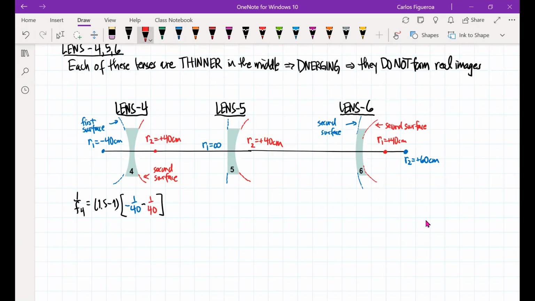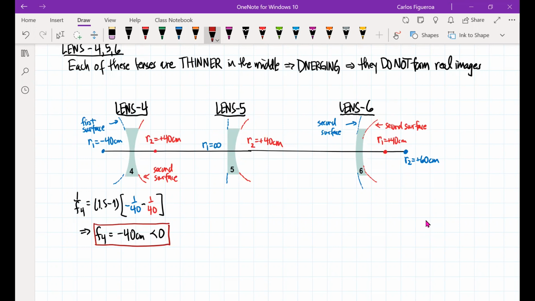And look at that, you could see that I'm going to get a negative value already. So this tells me that f4 is minus 40 centimeters, which is negative. So the focal length is on the same side as the incident light.